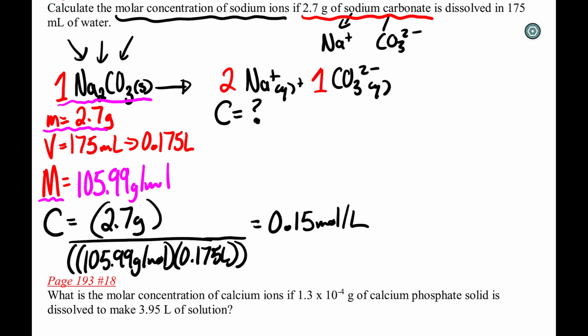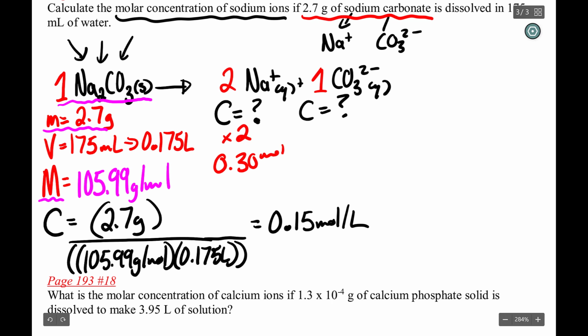Now, what I would do to get the concentration really of either of the ions, it doesn't really matter, is I need to cancel out the moles of sodium carbonate and make it the moles of that ion. I would simply just multiply it by the coefficient. So this would be multiplied by 2, which would give me 0.30 moles per liter. I'm not sure if the rounding would make it 0.31 or 29, but close enough.